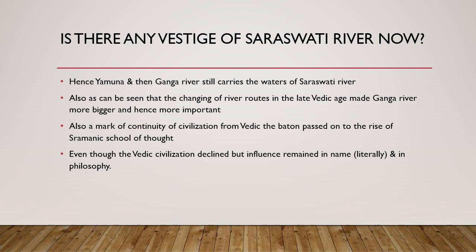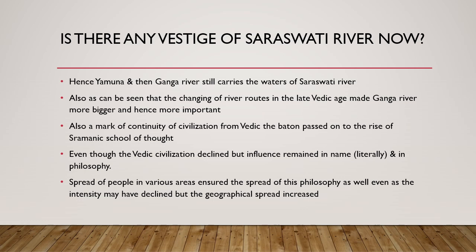Even though the Vedic civilization declined, its influence has remained and is still there in the name, literally. As we discussed, the name of Bharata is the non-English name of India, and even in the philosophy, which is still the most predominant philosophy of the Indian subcontinent.